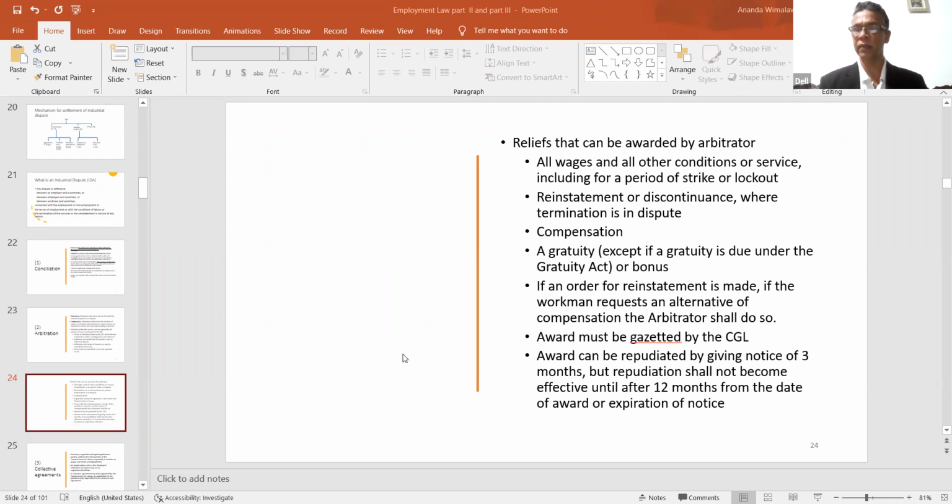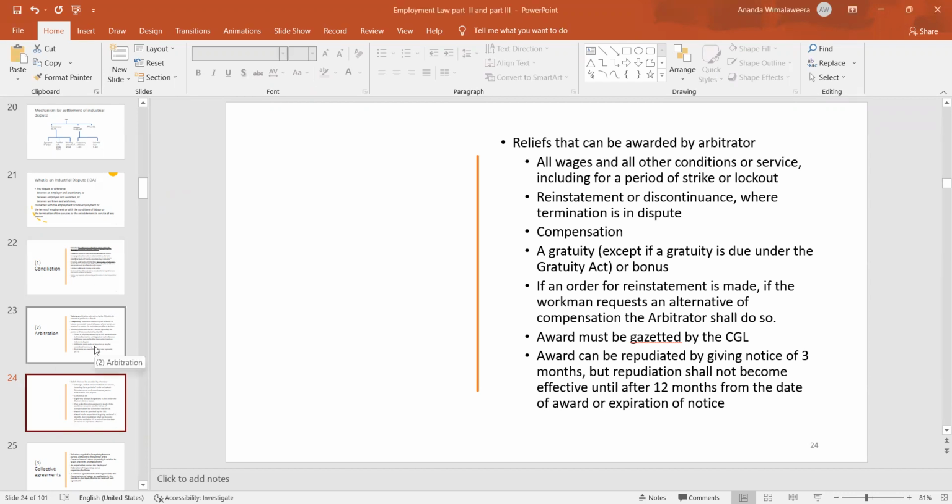Once a dispute is referred for arbitration, both parties must maintain the status quo, right?